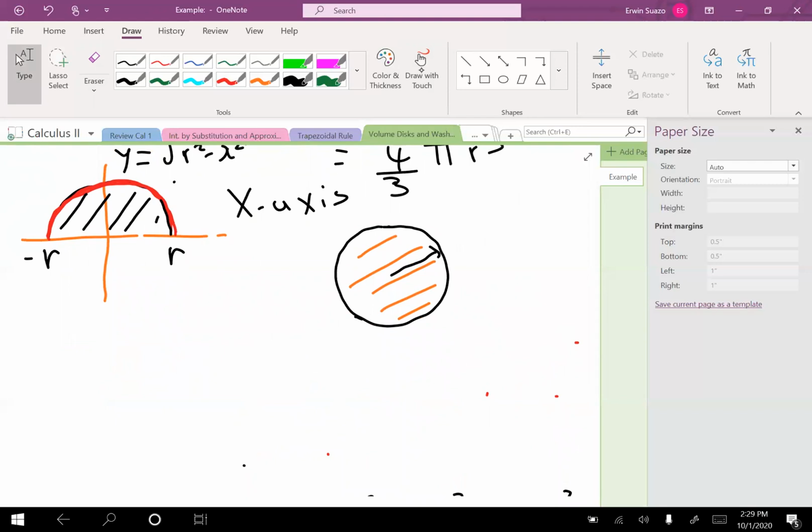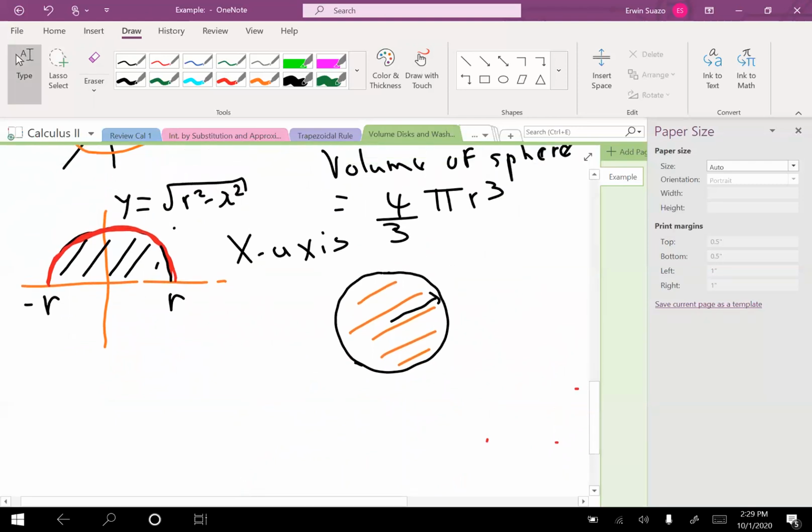So what I need to know is the radius. My radius is this one from here to here. Of course, it's also this one, right?